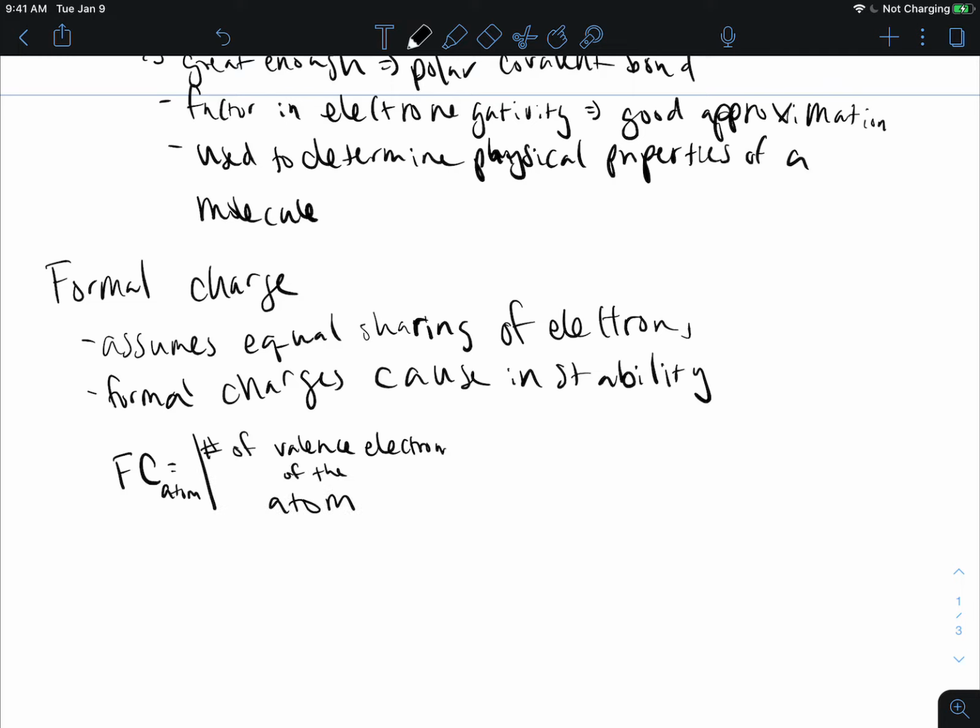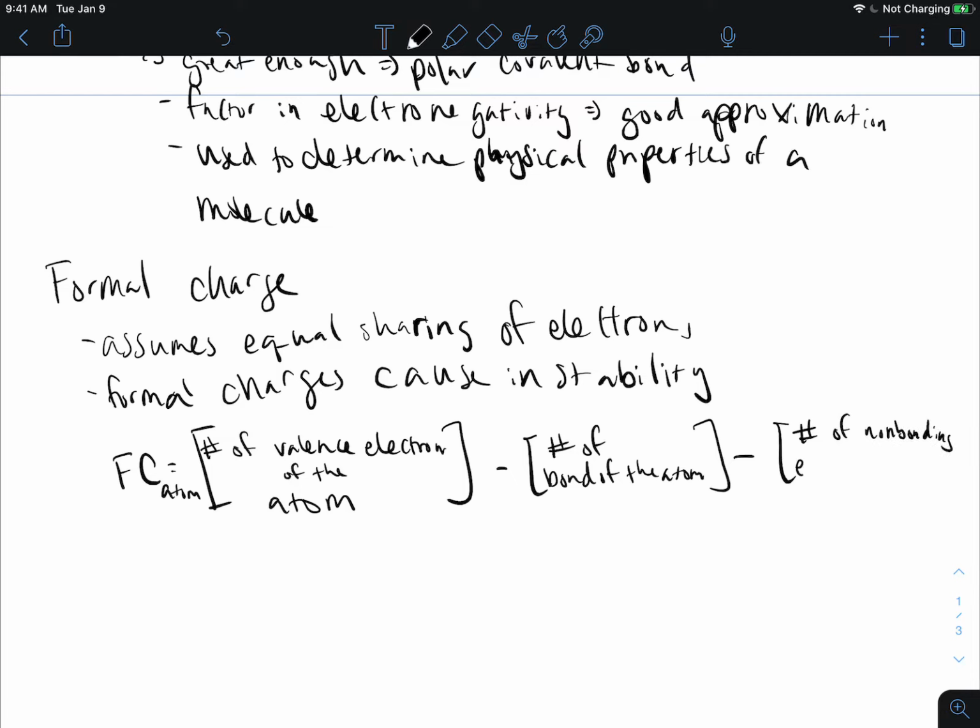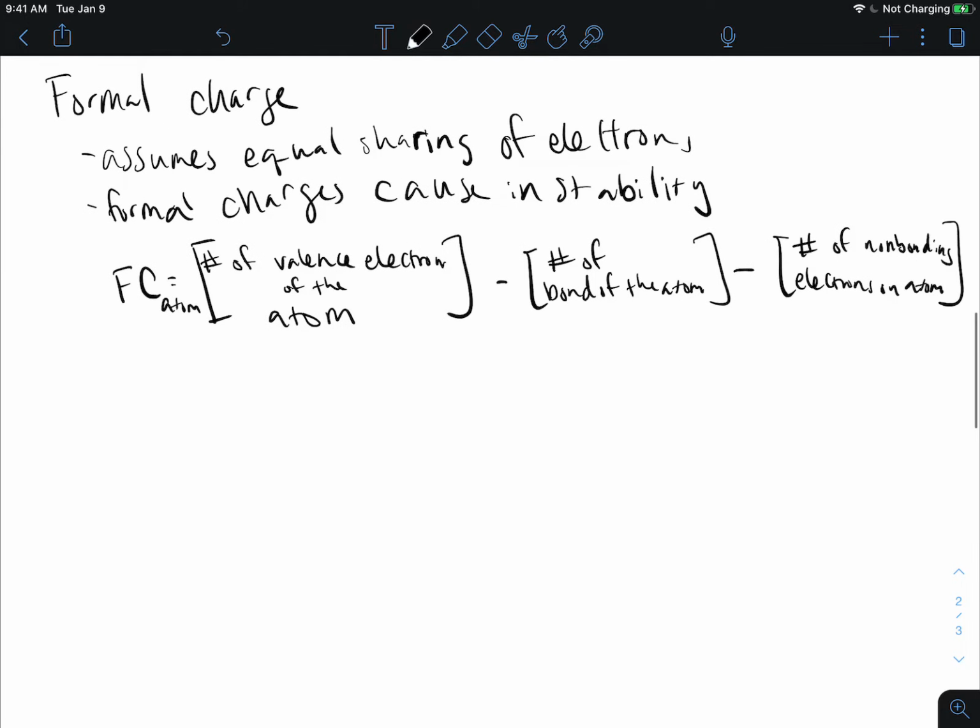So we take the number of valence electrons the atom has, minus the number of bonds of the atom, and the number of non-bonding electrons on the atom. Okay, so this we're going to get from the periodic table.